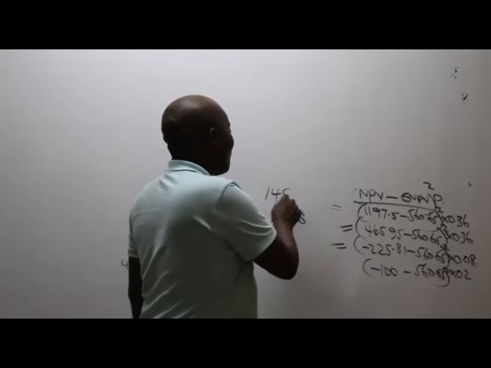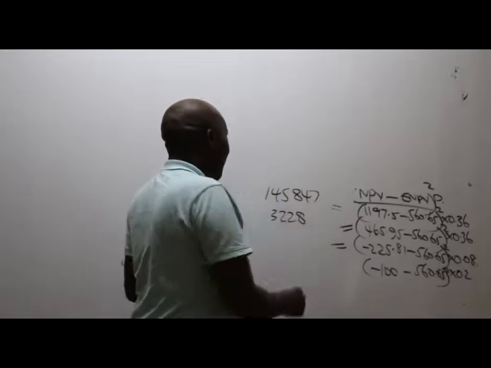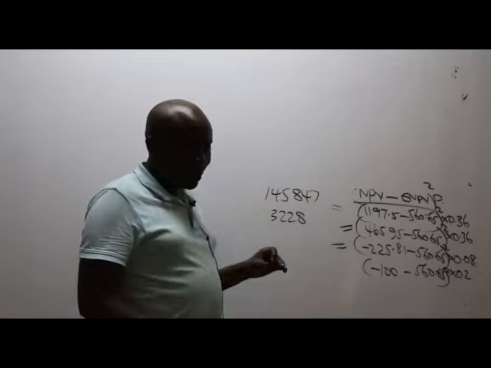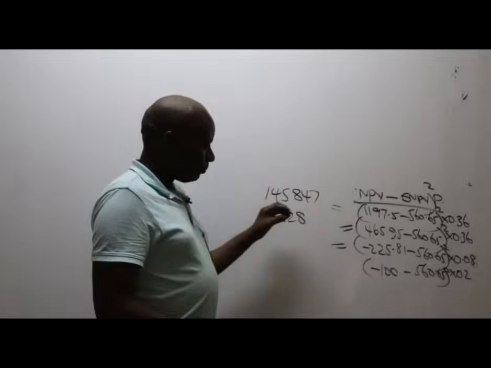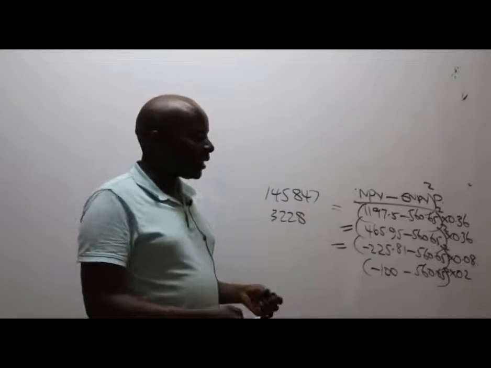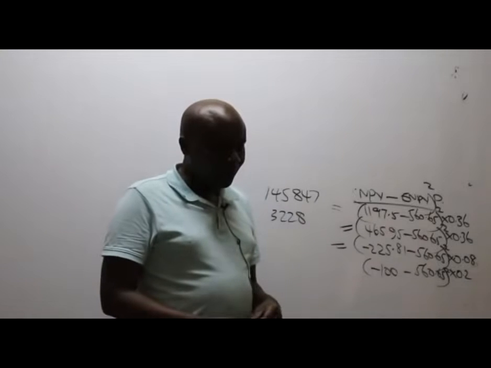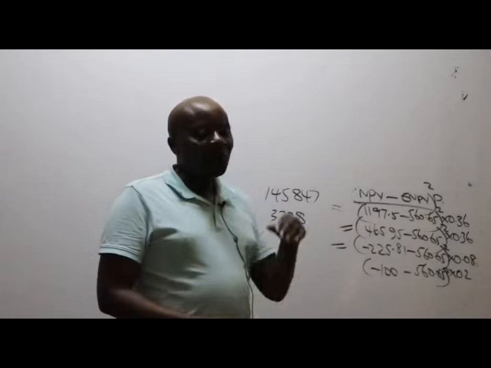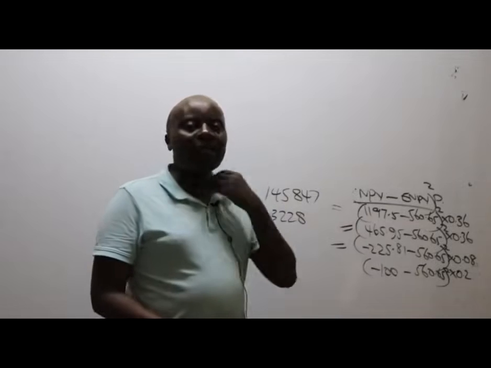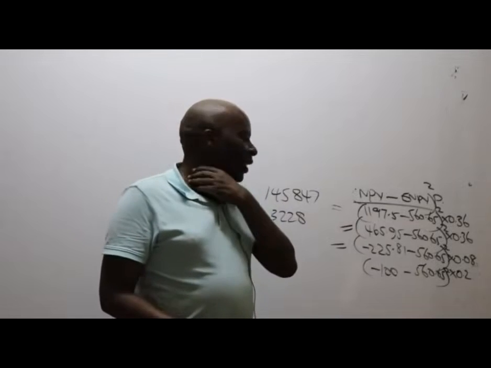Let's not fight. Let's just work with whatever figure that you have there. Those are rounding off errors, because I'm aware some of you never used 560.65 there. We are children of the same mother. Let's not fight. Let's go to the third one.